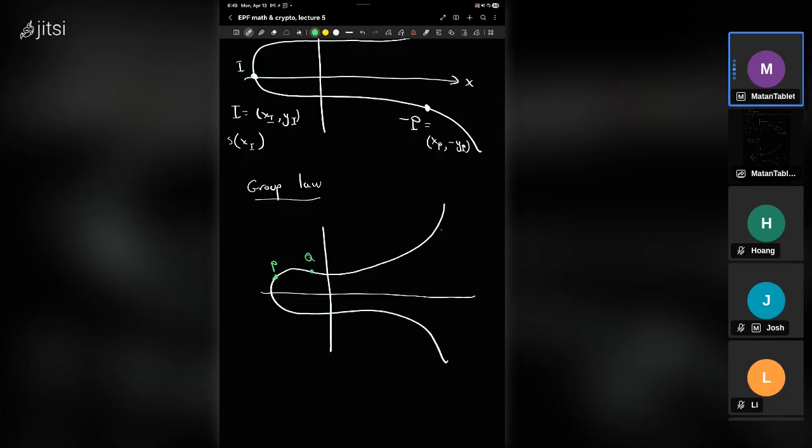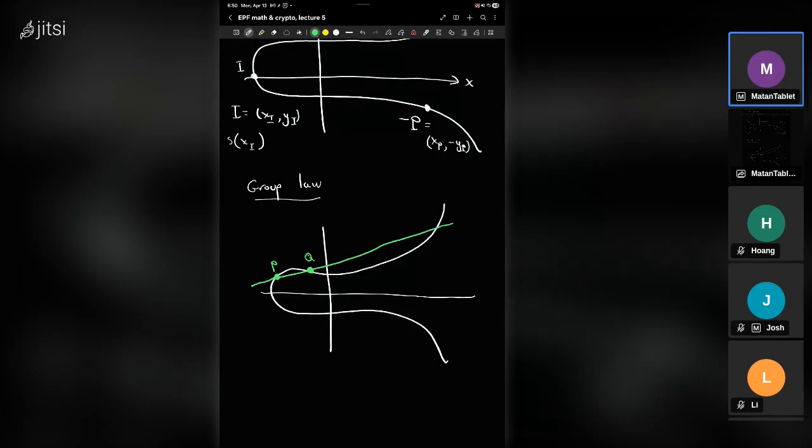You can take the line that connects P and Q. Again, this is over the real numbers, but as we saw previously, lines make sense over any field, right? It's just a linear equation. It's the solution of some linear equation.